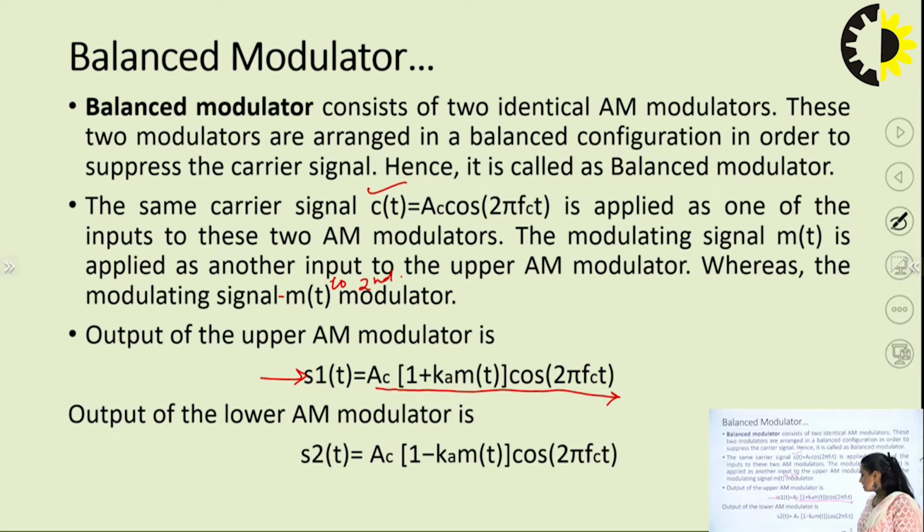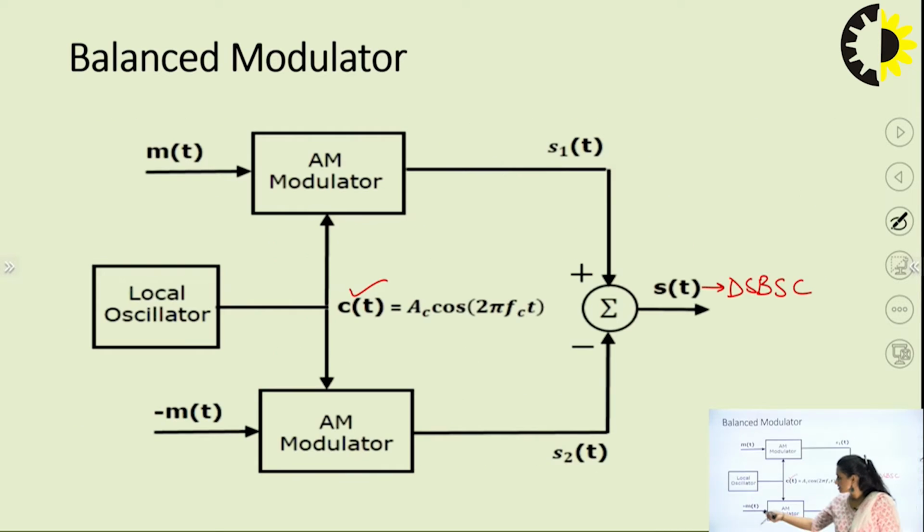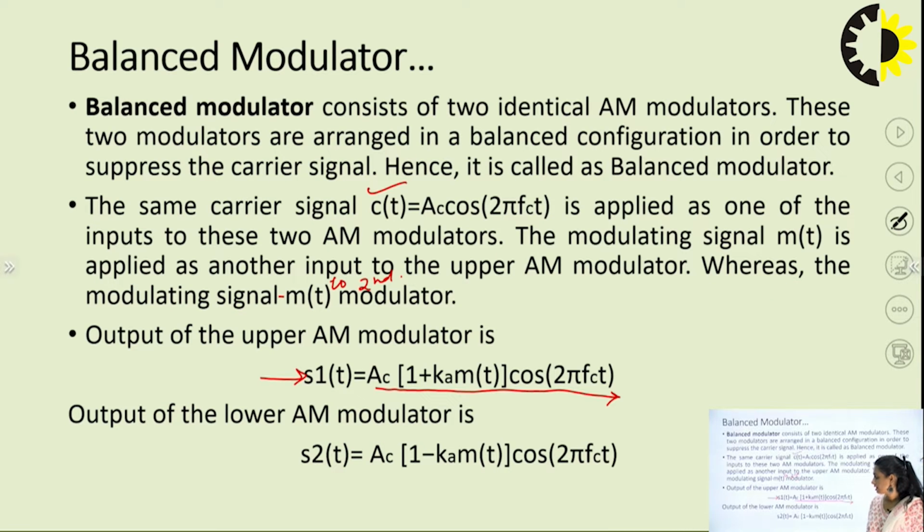If I consider the output of my second modulator, here I have to consider one thing, that my message signal is minus m(t). So when I multiply these two waves, S2 will be Ac into 1 minus Ka m(t) cos 2 pi fc t, right?